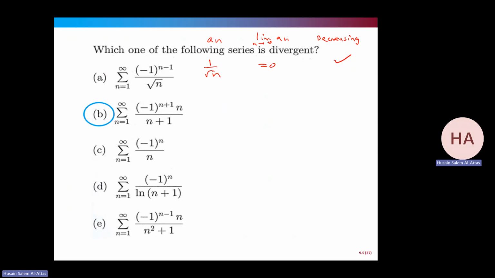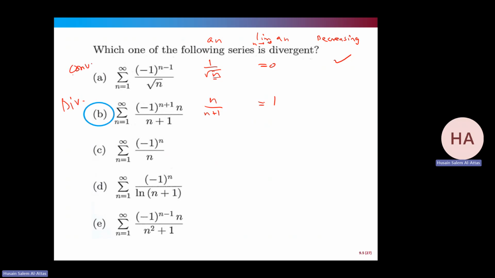Decreasing, yes. As you increase the denominator, the number will be decreasing. This one, we have a clear problem. The limit is equal to 1. So for sure it will diverge.